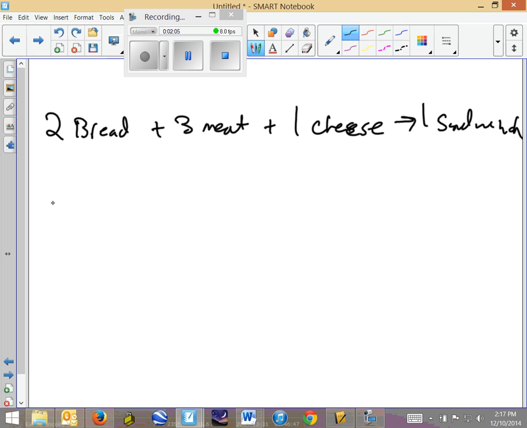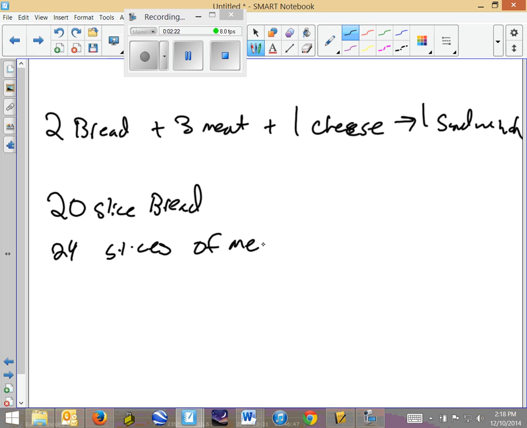Okay, how many pieces of bread do I have? Well, let's do exactly what the book says in their example, and we'll have 20 slices of bread, about 24 meat, and 12 cheese.